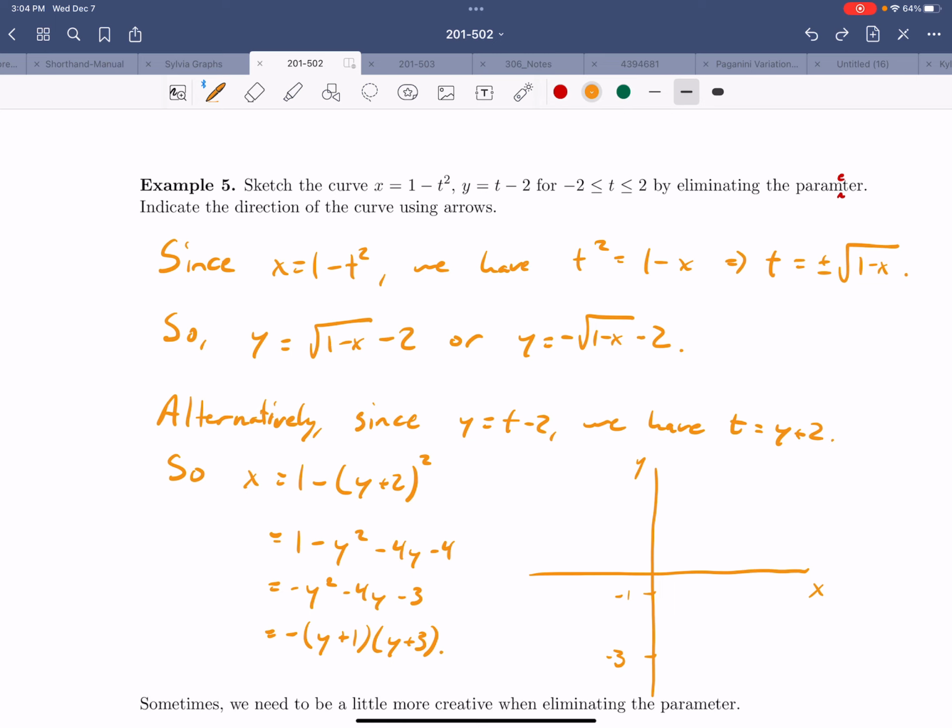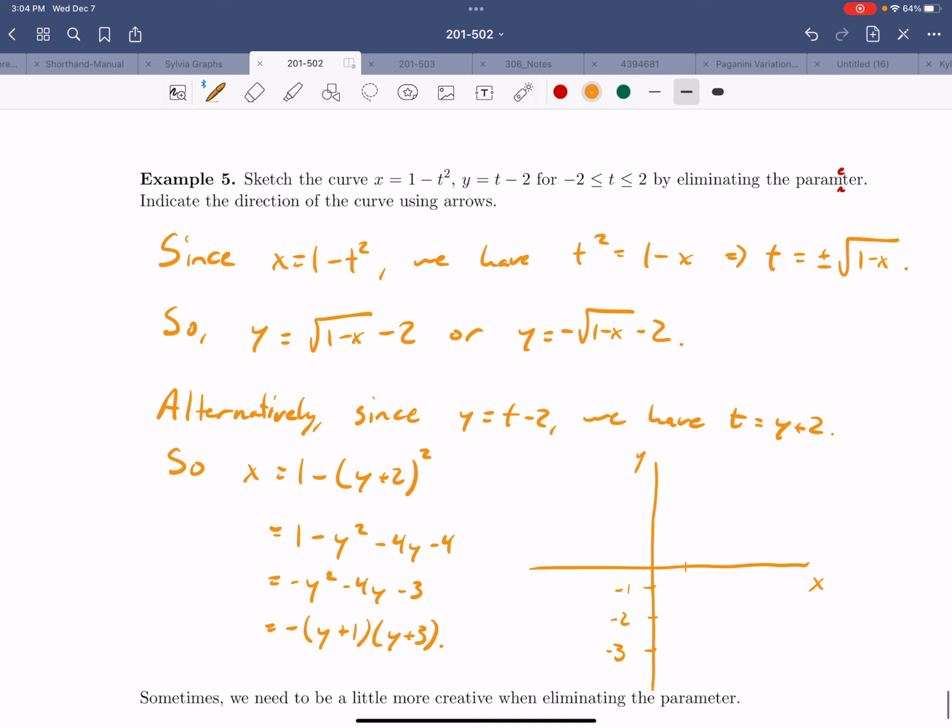Okay? So I guess that means the vertex will be at y equals negative 2. It's going to have to. And I suppose if we plugged in y equals negative 2, we do get x equals 1. So I guess we've got this point. So in theory, our parabola looks like this. That's what it's going to look like.